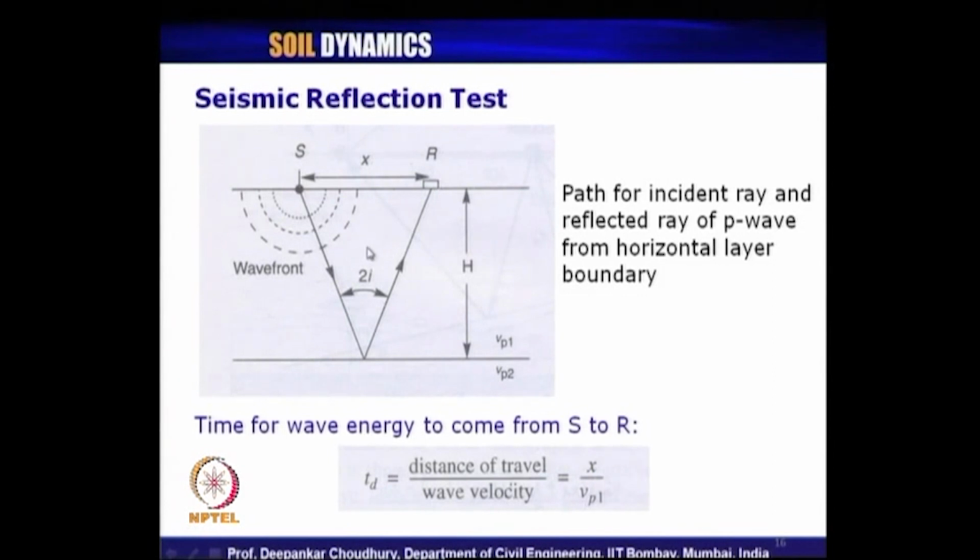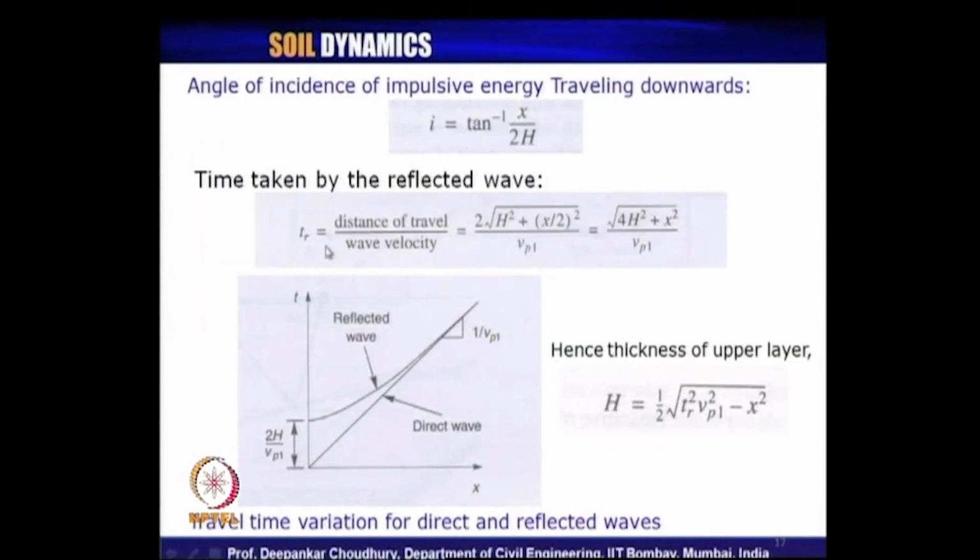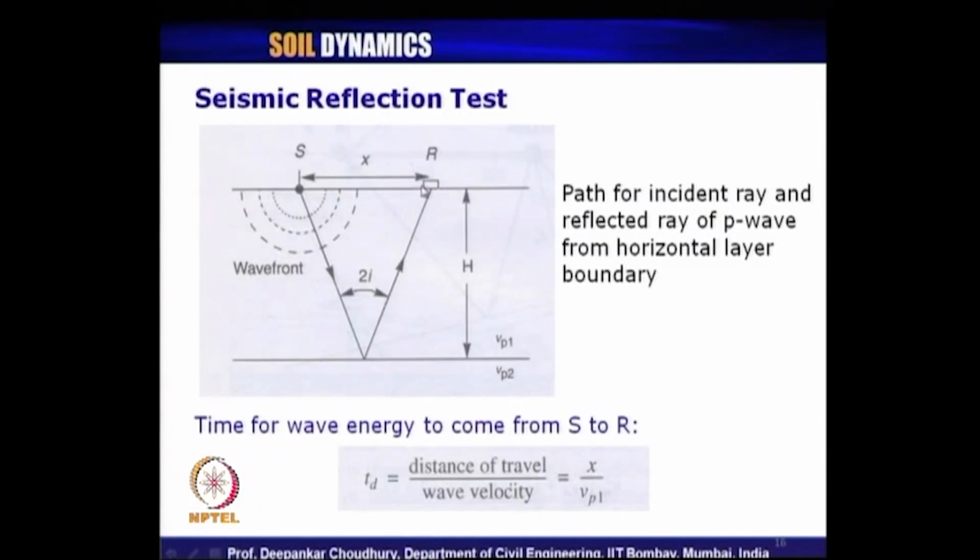From the geometry we can write it very easily. And the time taken by the reflected wave, by putting all these relationships, T r, can be found. The previous time was for the direct wave and this is for the reflected wave. So, the direct wave actually goes directly from here to here.